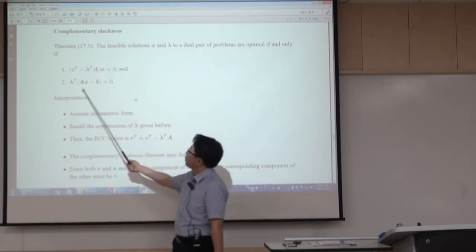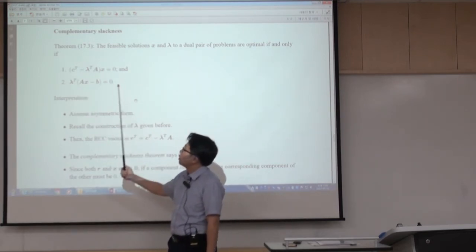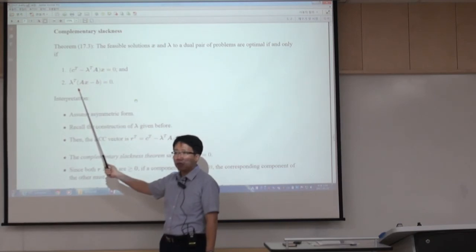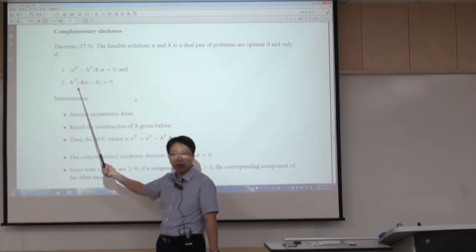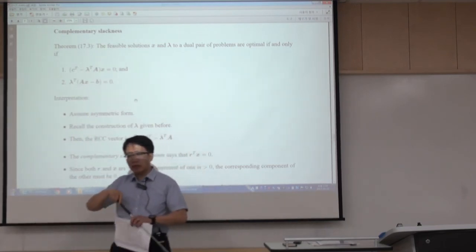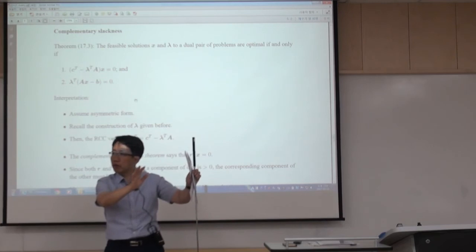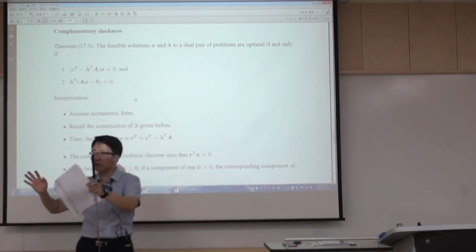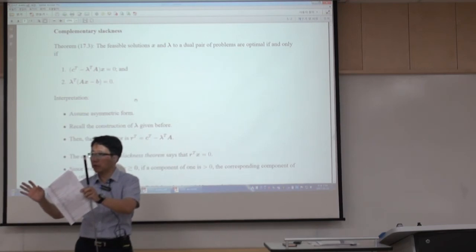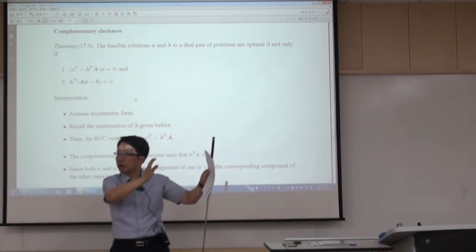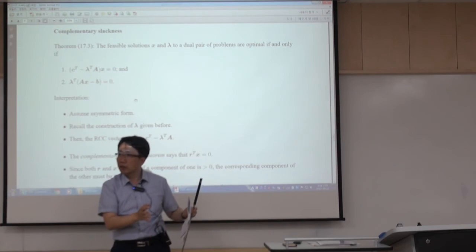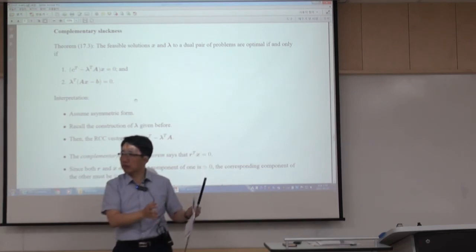First, you can show that this is the complementary slackness you obtain from the primal problem. You write the primal problem for the symmetric form, and you write the dual problem for the symmetric form. Now you start from the primal problem and formulate the Lagrangian.